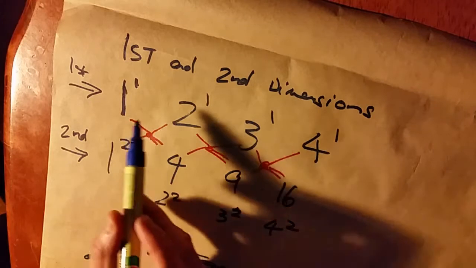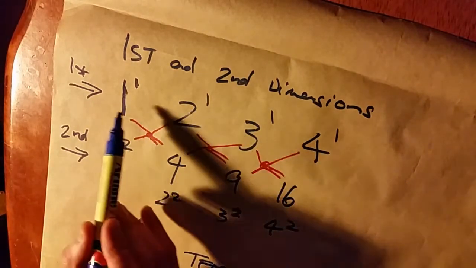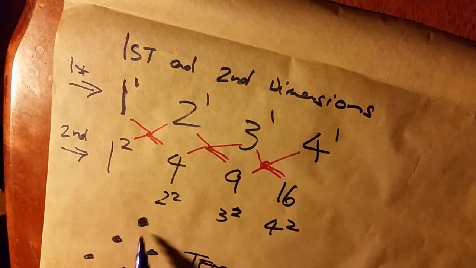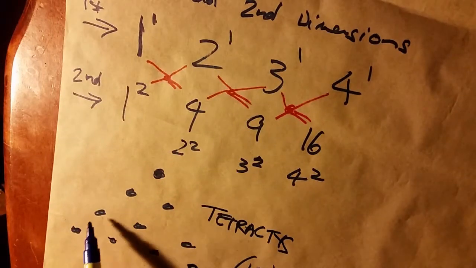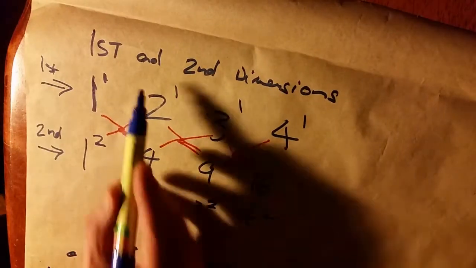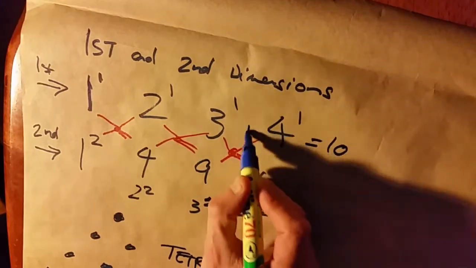And quickly, if we go back up here, the first dimensional numbers, 1, 2, 3, and 4, we can connect them to here. So 1 dot on the first row, 2 dots on the second row, 3 dots on the third row, 4 dots on the fourth. And so 1 plus 2 plus 3 plus 4 equals 10.